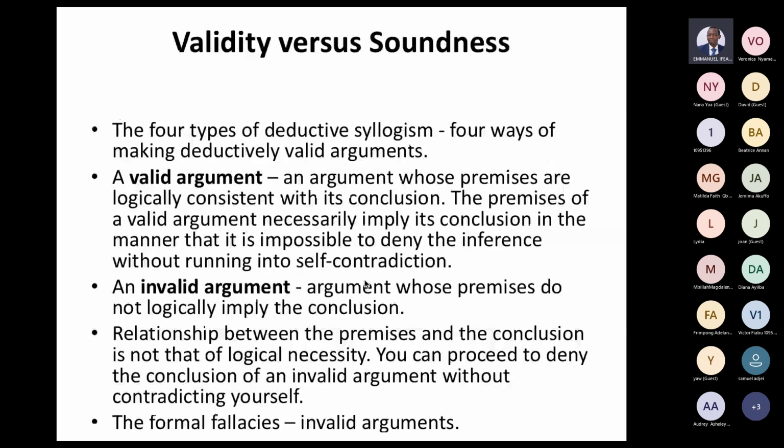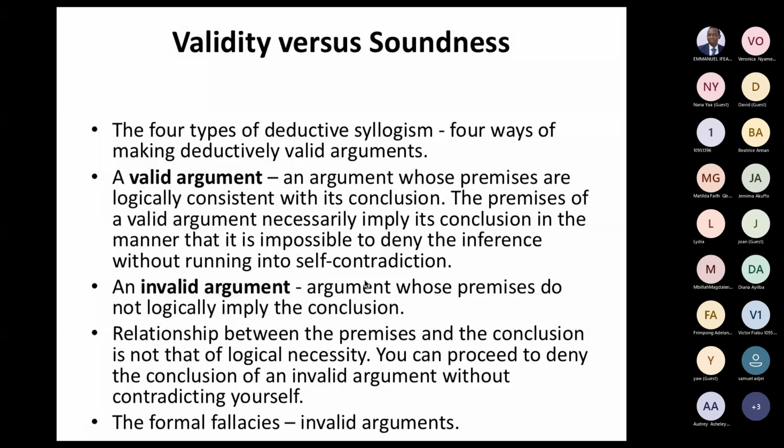Then we saw validity and soundness. We said that a valid argument is an argument whose premises are logically consistent with its conclusion. But a valid argument is not necessarily a sound argument. A valid argument is an argument, a deductive argument, whose logical relationship between the premises and conclusion is intact.